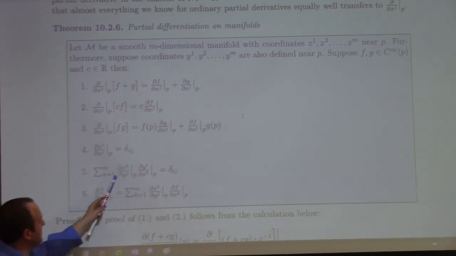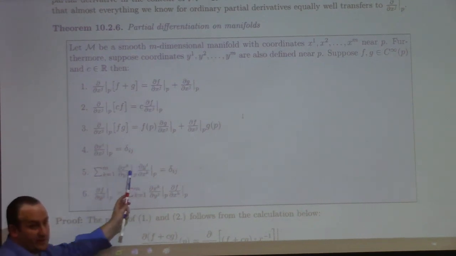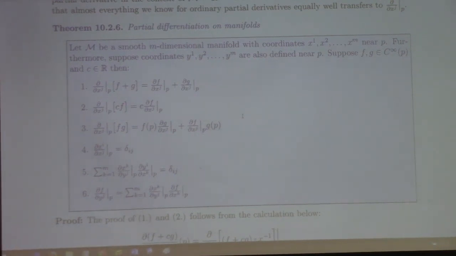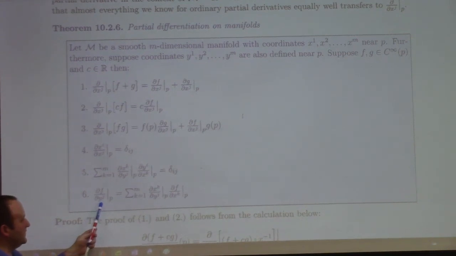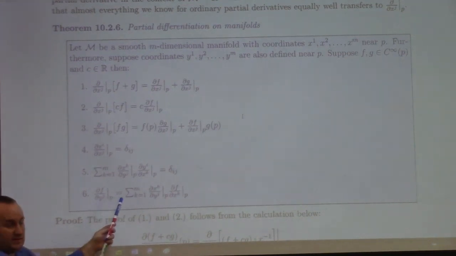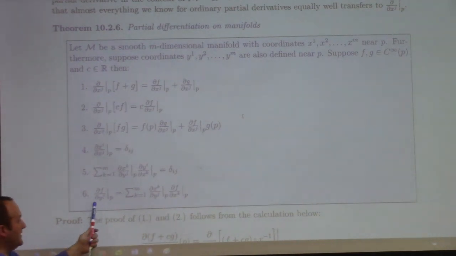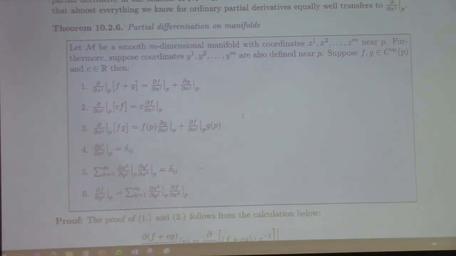Notice that the k is summed over, but the i and j are free. That gives you the Kronecker delta ij. Finally, if I want to relate the partial derivative of a function on the manifold with respect to one coordinate system to the partial derivative with respect to another coordinate system, they're related this way. This is the chain rule.